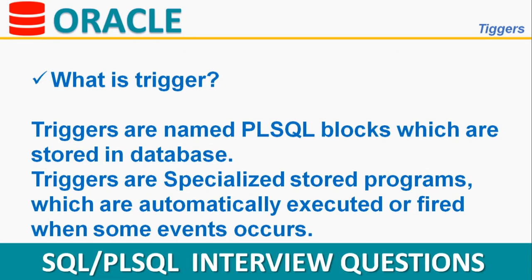Here the event may be while performing any DML operation. If you want to track who is inserting data into my table and who is updating it, I need to capture who is updating that information and at what time.